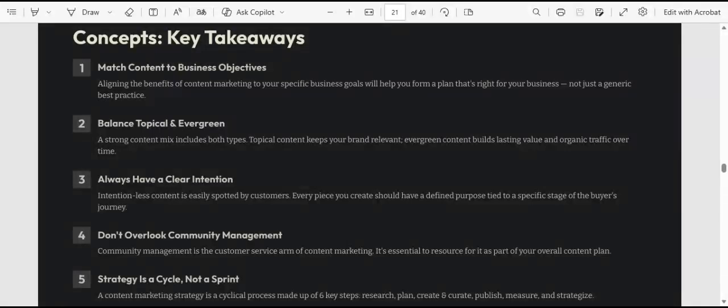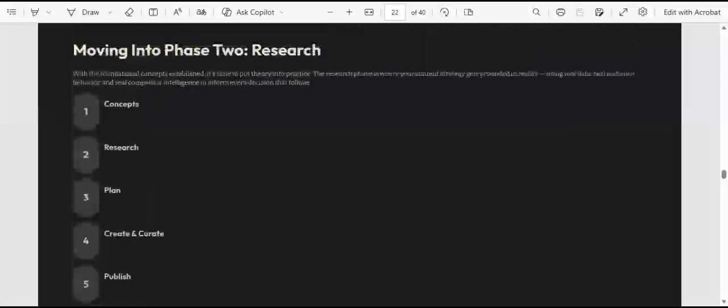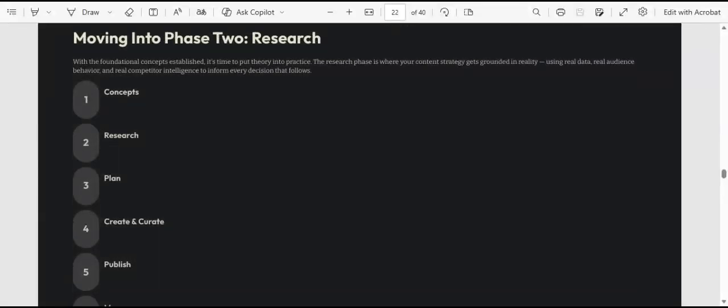Strategy is a cycle, not a sprint. A content marketing strategy is a cyclical process made up of six key steps. You have to research, plan, create and curate, publish, that is, distribute your content, and measure and re-strategize. Moving into phase two, research.